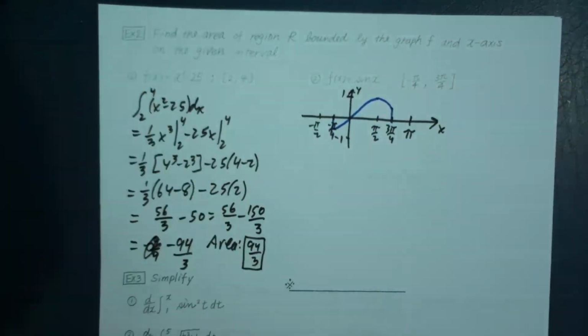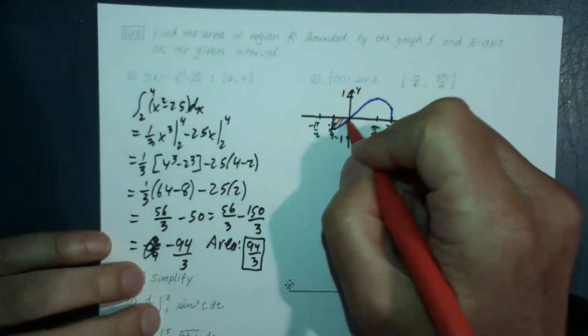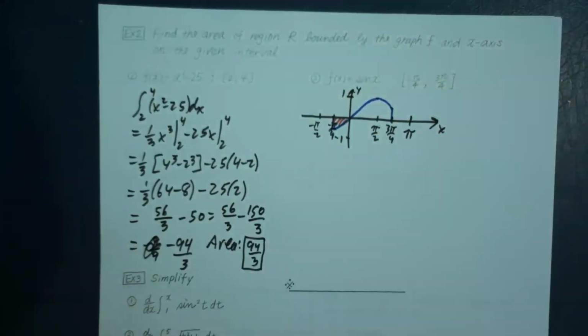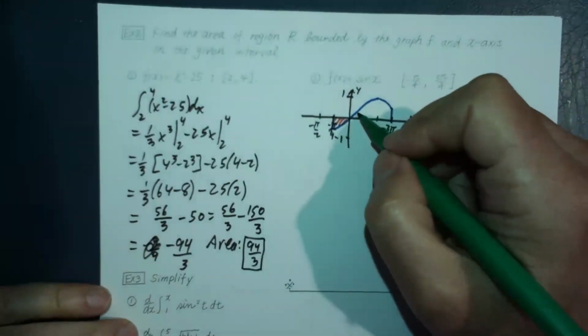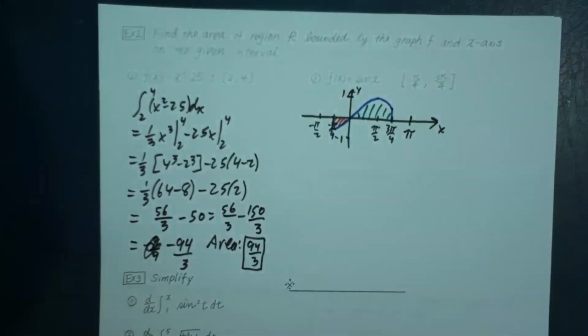And here is the issue. Here we have negative area, and here we have positive area. And we don't want the area to cancel out because we're actually looking for area. Normally, we don't have to worry about this, but because they're asking for area, we're going to have to pay attention.